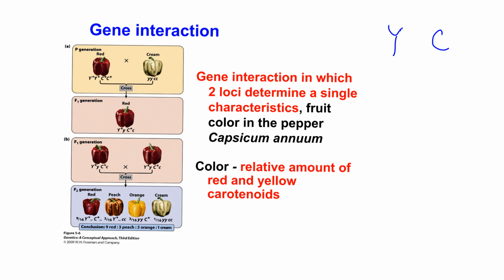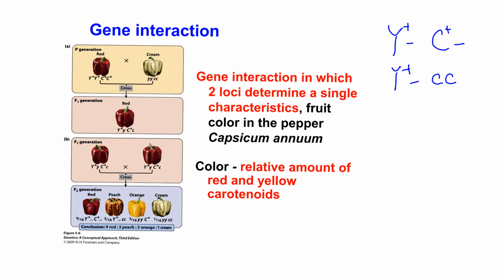So if you have at least one dominant allele in both genes, in each of these genes, you synthesize the maximum amount of carotenoids, red carotenoids, and the color would be red. If there is a dominant allele in gene Y, but the C gene has both alleles recessive, this will yield peach color.